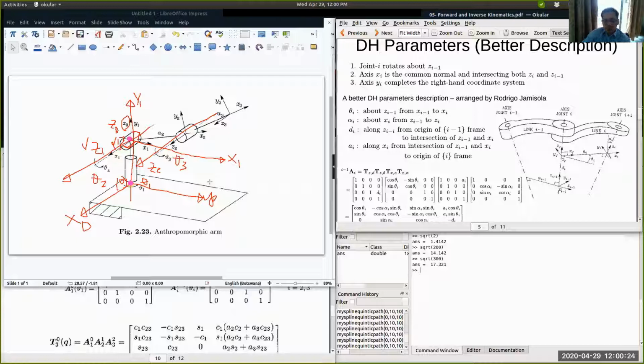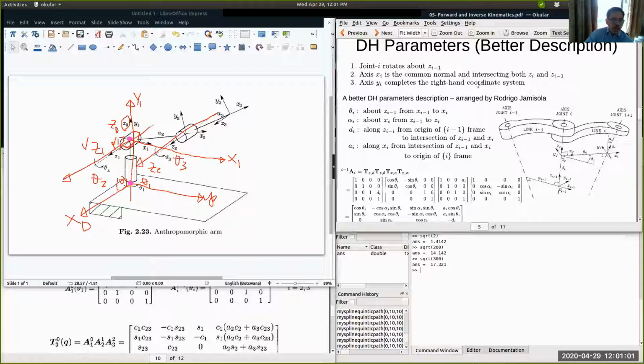Now where's the origin of frame 2? Again, we identified already where Z2 is, here. And so where is our X2? X2 is again normal to both Z1 and Z2, and later we have to satisfy the intersecting requirement.